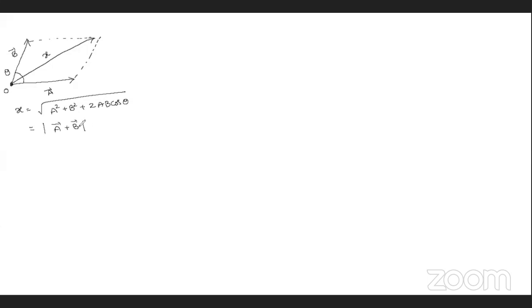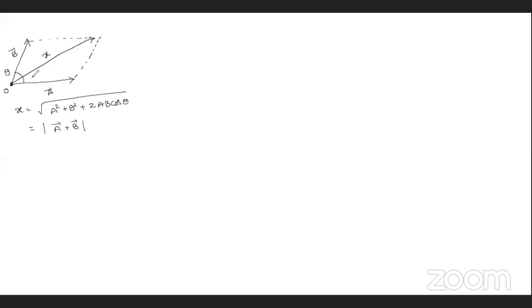So if anyone asks you the magnitude of the addition of two vectors, it is very simple: x equals under root a square plus b square plus 2ab cos theta.